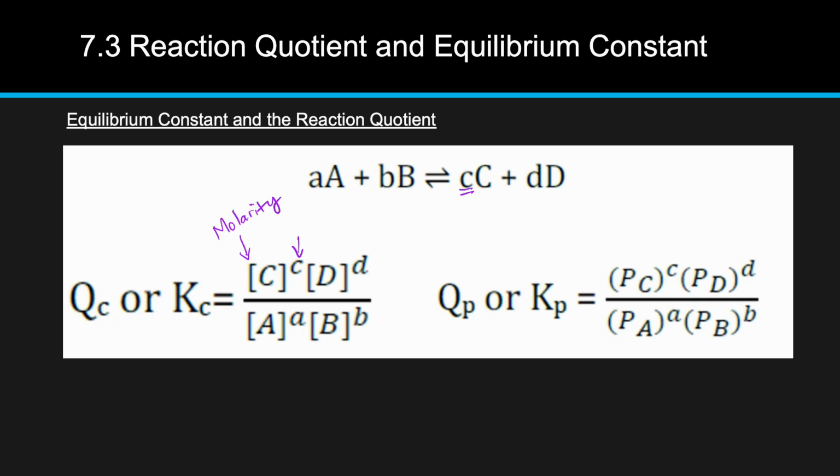And remember, it's always products over reactants. And same with Qp or Kp, except they're going to use partial pressure units, which is what the capital P is for, and they are in parentheses as well. And we are still going to be raised to the power of the coefficient. And it's also still products over reactants.